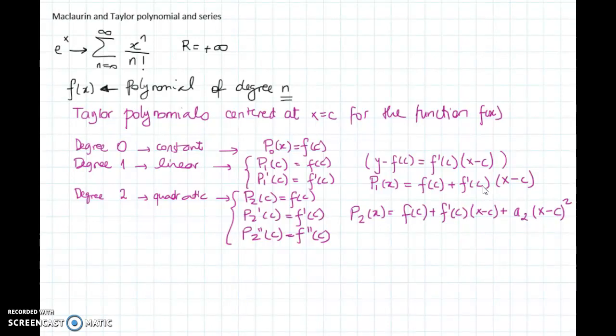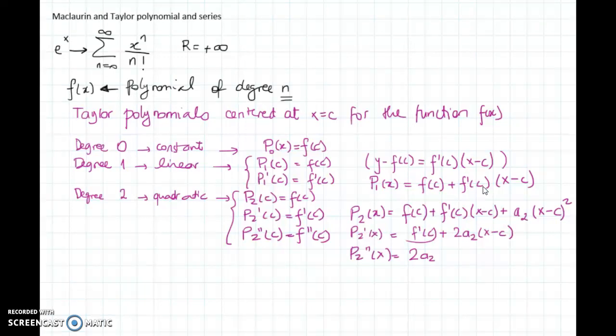Let's check. Let's take the first derivative of this polynomial. That's going to be f prime at c plus 2 times whatever that constant that I call A2 is, times x minus c. And if I take the second derivative, this disappears, so I'm going to have 2 A2.